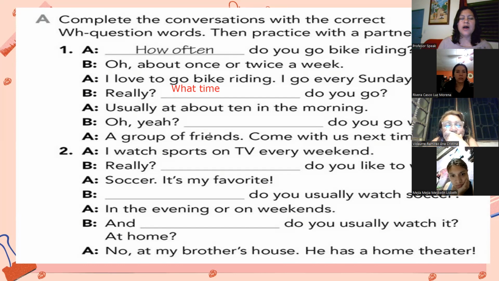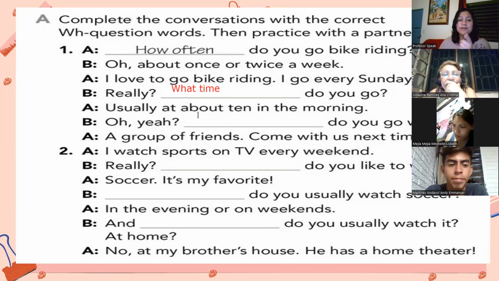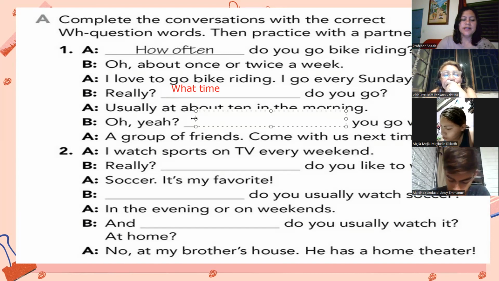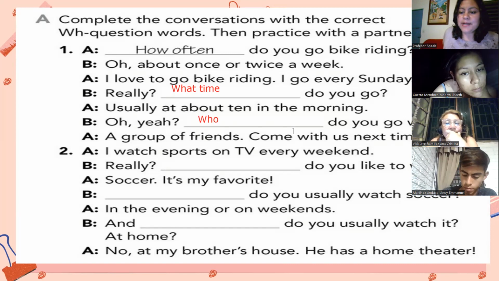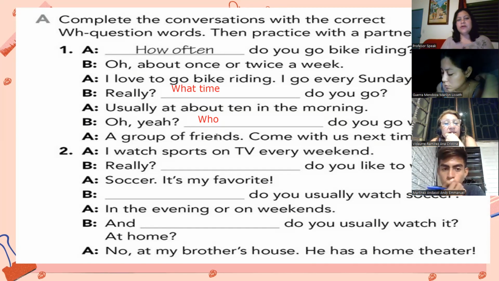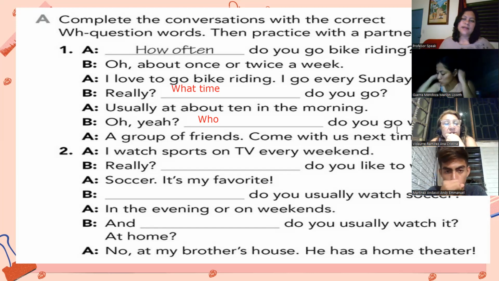Who. For a person, we use who, okay? So you say, who do you go with? ¿Con quién vas? Y aquí dice con un grupo de amigos, with a group of friends. And then, come with us next time.